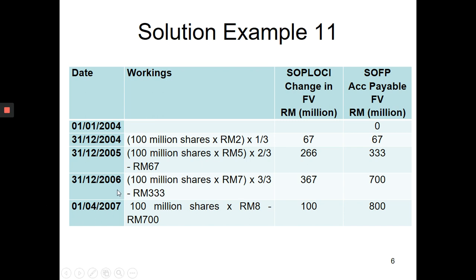Okay, so we have also you kira 3/3, and since the settlement date is on 1st April, so 1st April pun kita akan kira juga berapakah share appreciation pada masa tersebut. So dia akan dapat lagi peningkatan sebanyak 100. Jadi total yang kita kena bayar adalah 800 million.